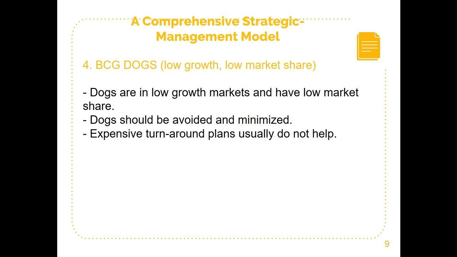Expensive turnaround plans usually do not help. If the product belongs to the dogs quadrant, it simply means that there is a low growth market and at the same time there is also low market share.